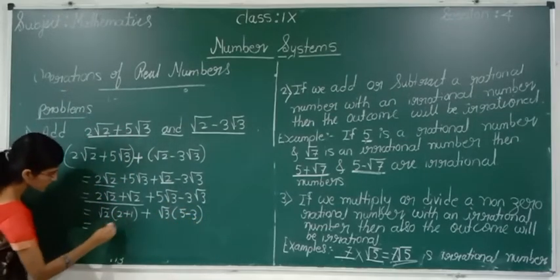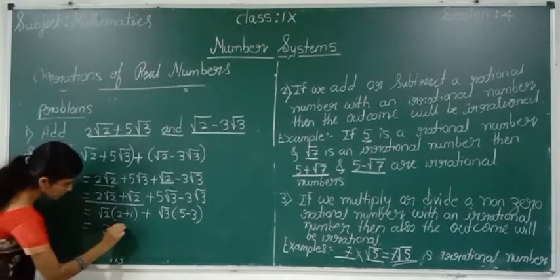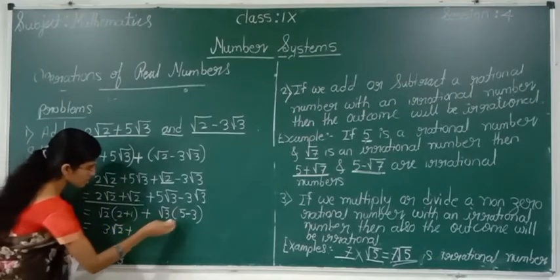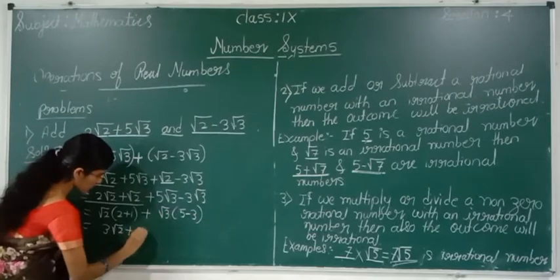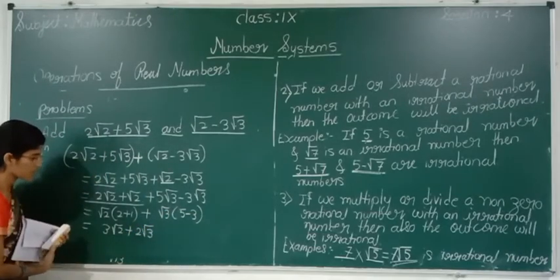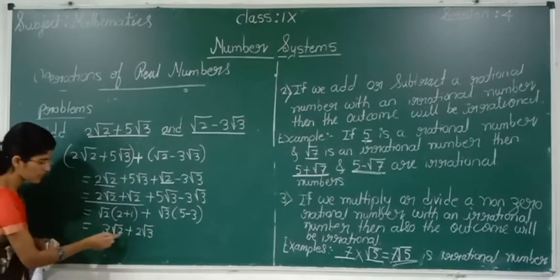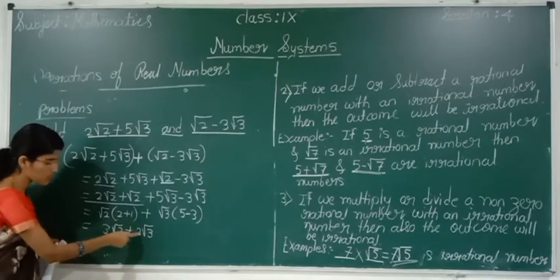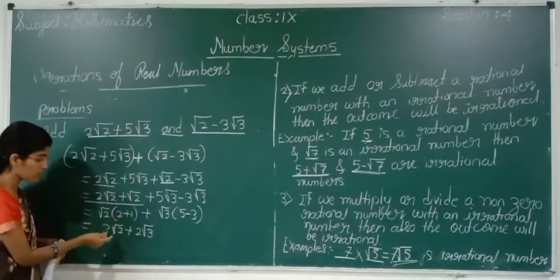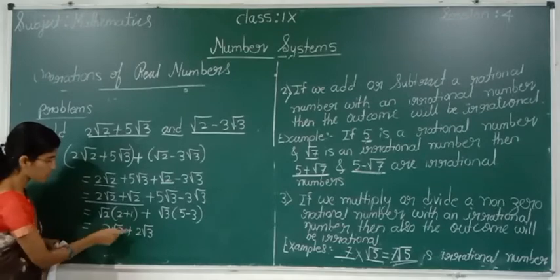Now 2 plus 1 is 3 root 2, plus 5 minus 3 is 2 root 3. Now see here, students, we can't add this further. Don't do 3 plus 2 is equal to 5.